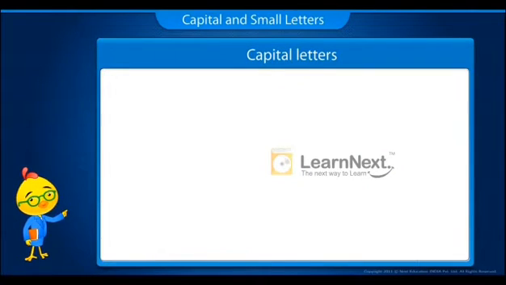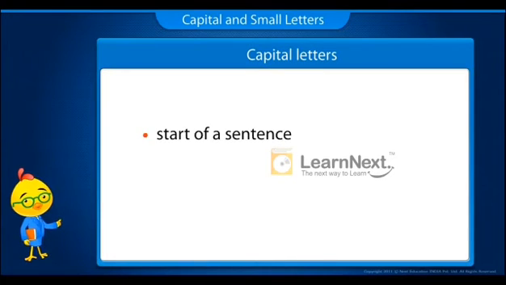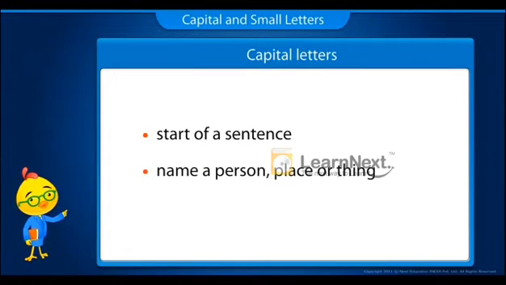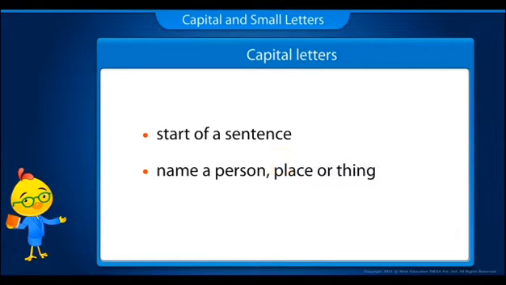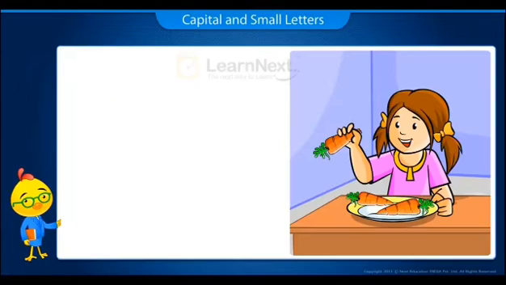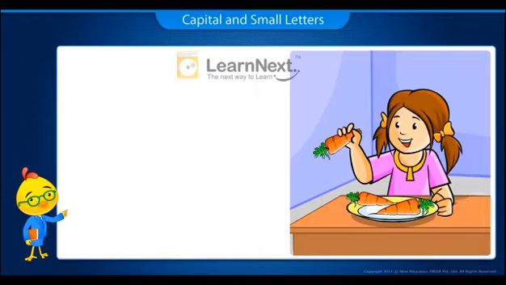Children, where do we use capital letters? We use capital letters in the starting of any sentence. When we start a sentence, we use capital letters. And we also use them in the name of a person, place, or thing. Anything which is a particular name of a person, place, or thing, we use capital letters.